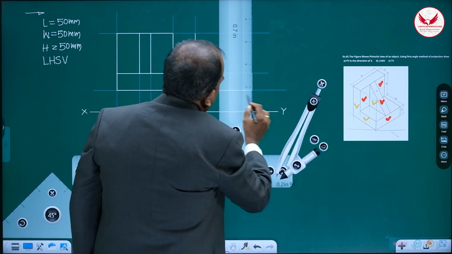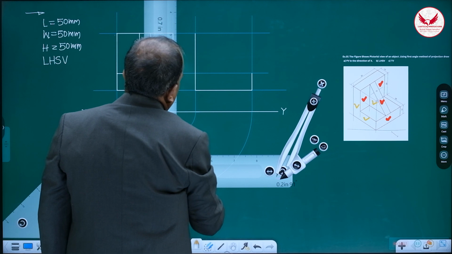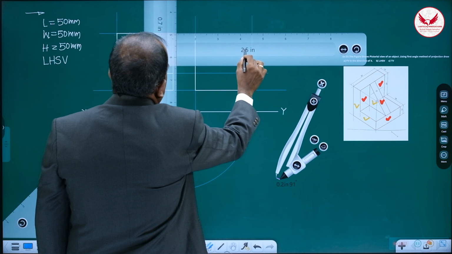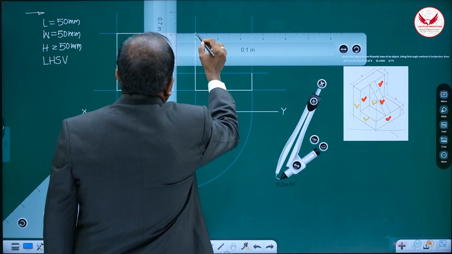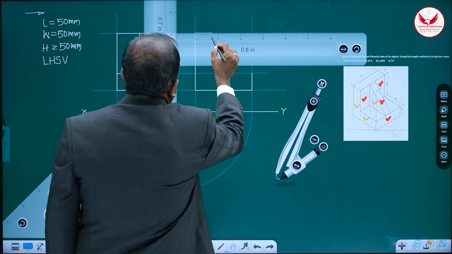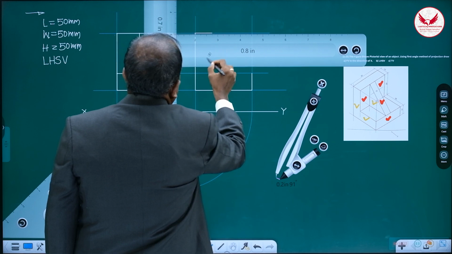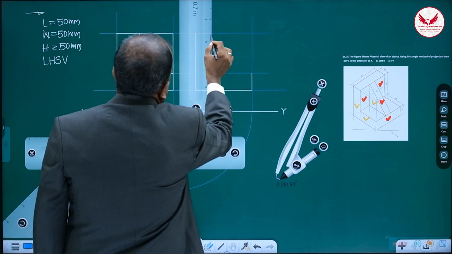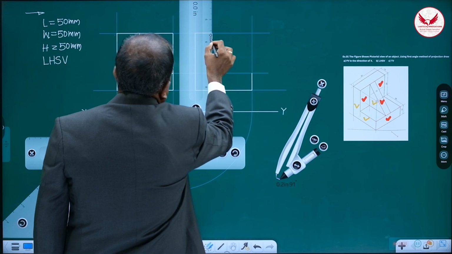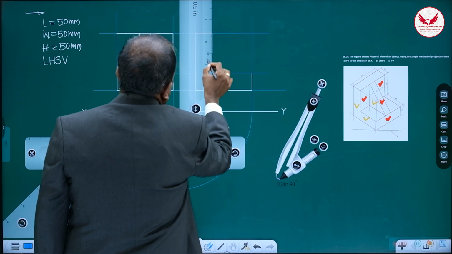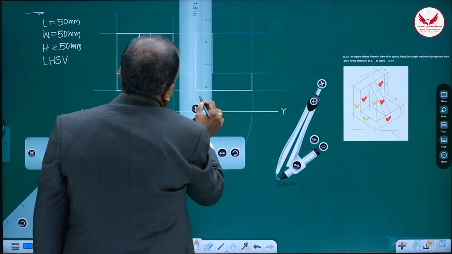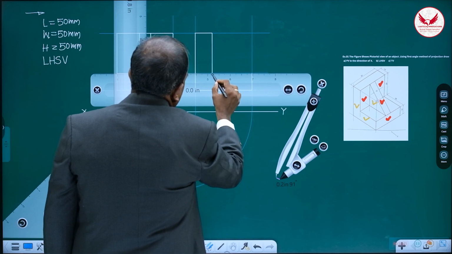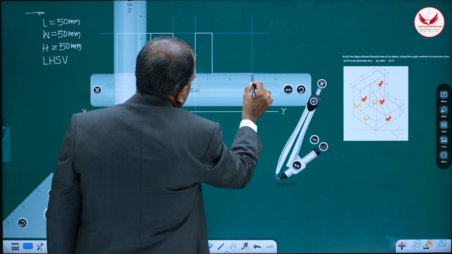It is 15 and for the L, this length is also 15. It is also 15. Then from this 15, mark up to this, perfectly L shape we get, and this 35.